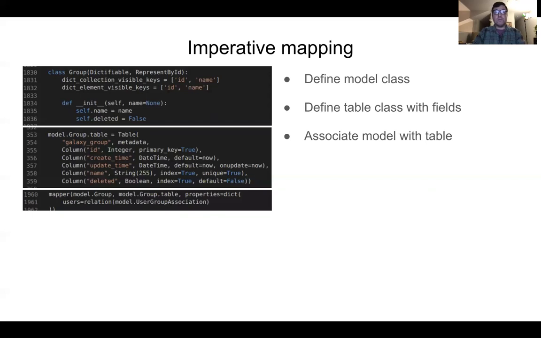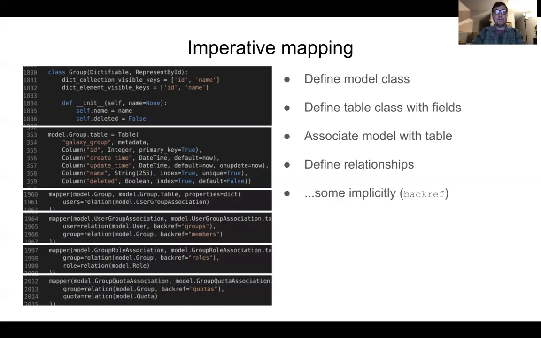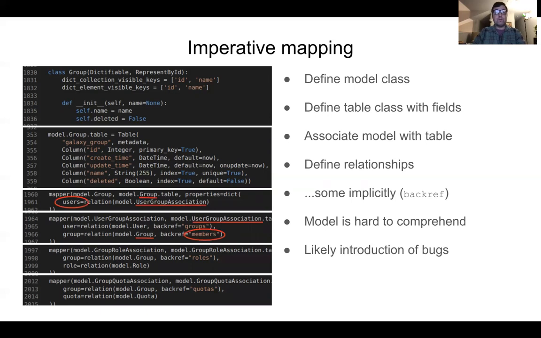We also need to define any relationships the model has with other models, with bidirectional relationships often defined implicitly. All this information is spread across several locations, and as a result, the model may be hard to comprehend. Furthermore, this leads to potential bugs that happen when we accidentally overwrite an existing relationship. Like in this very example, the relationship between user group association and group is defined twice, once as members, once as users.